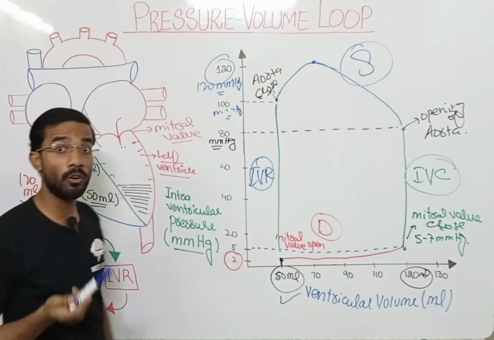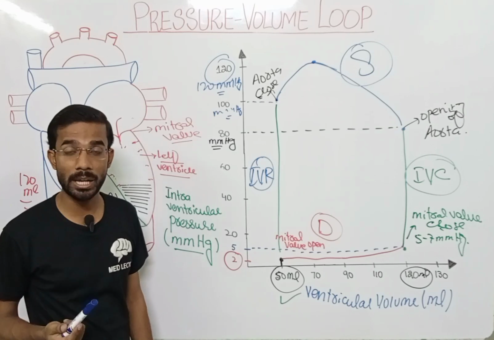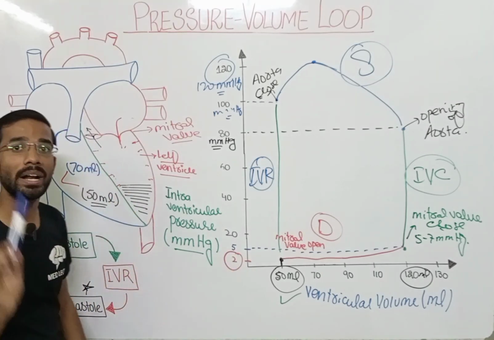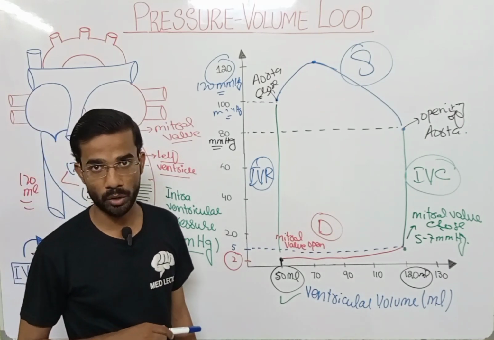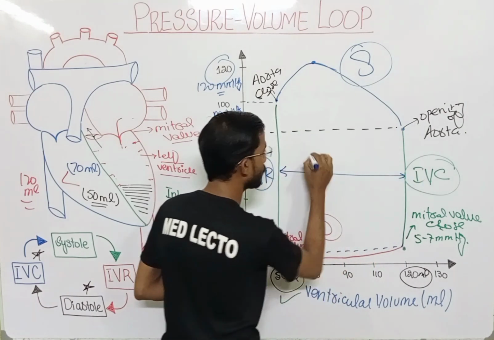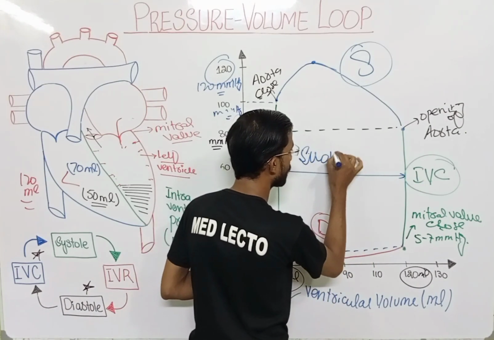The stroke volume is the amount of volume released from the left ventricle in one heartbeat. So that curve will show the stroke volume.